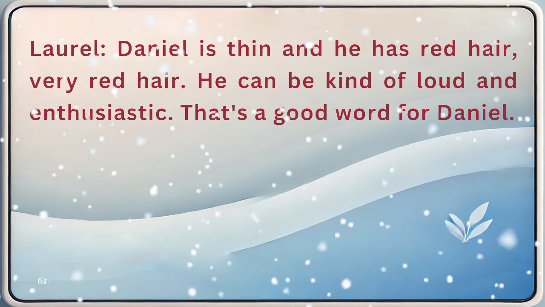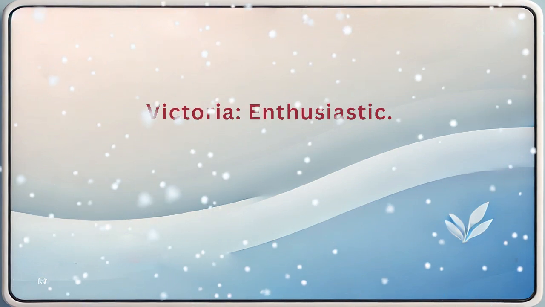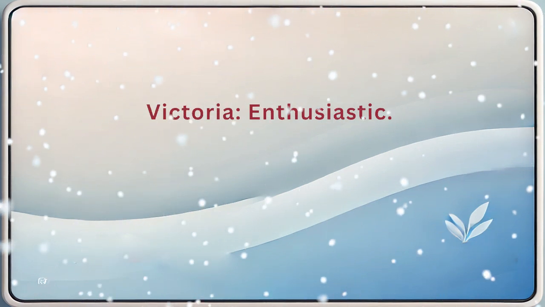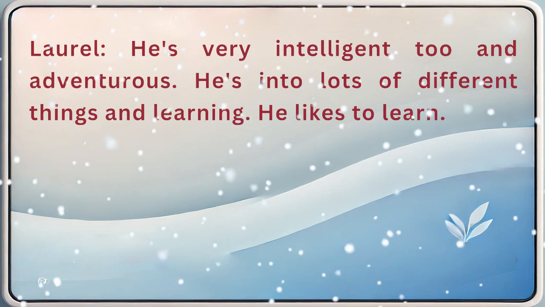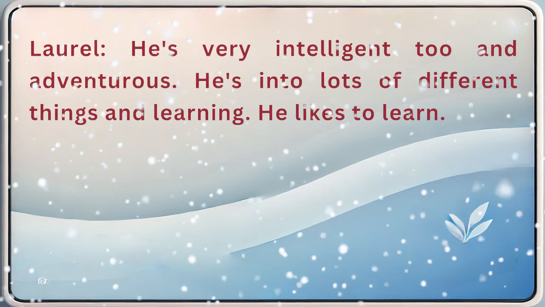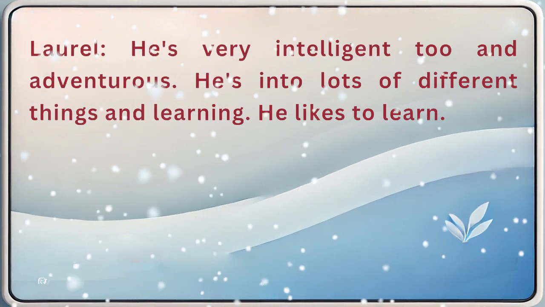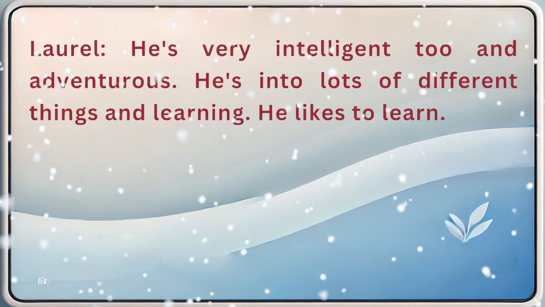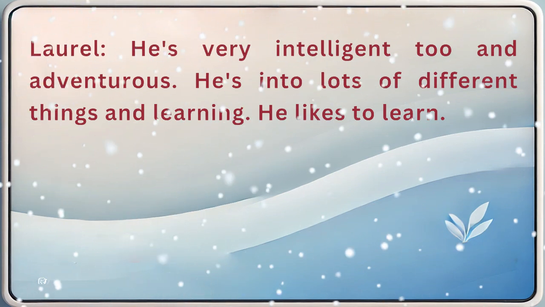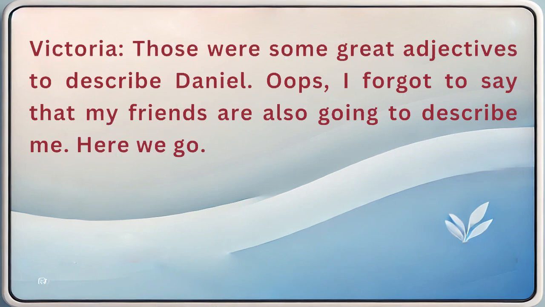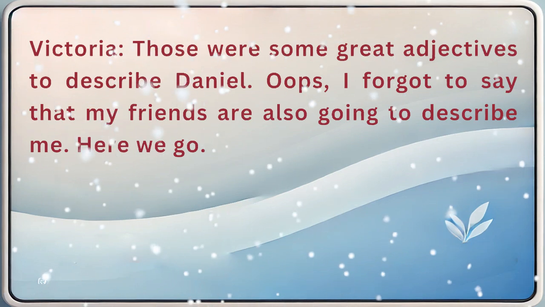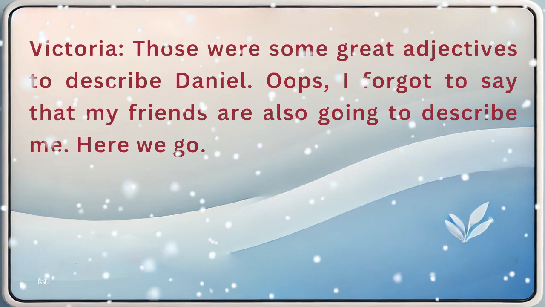That's a good word for Daniel. Victoria: Enthusiastic. Laurel: He's very intelligent too and adventurous. He's into lots of different things and learning. He likes to learn. Victoria: Those were some great adjectives to describe Daniel.